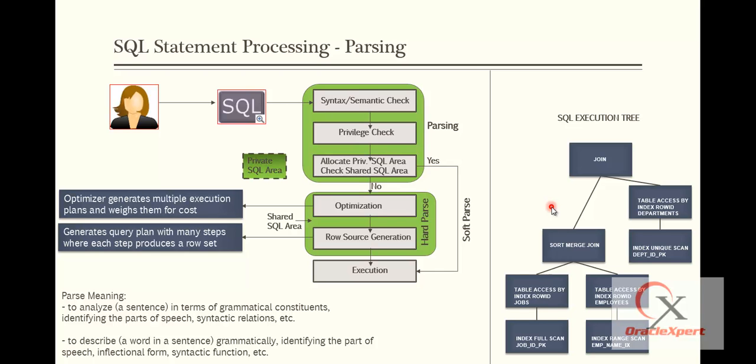Those row IDs came in from the index full scan. And then these two tables were joined using a sort merge join operation. So I had one row set, I had another row set coming out of different steps in my row source generation program, the SQL execution tree, and then they were joined together on the criteria that is given here.